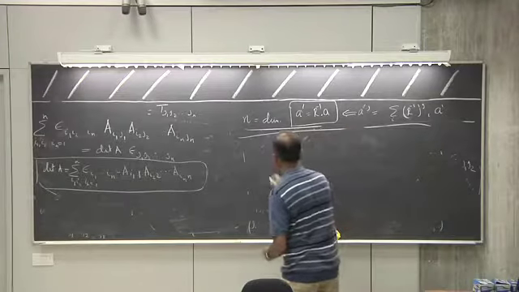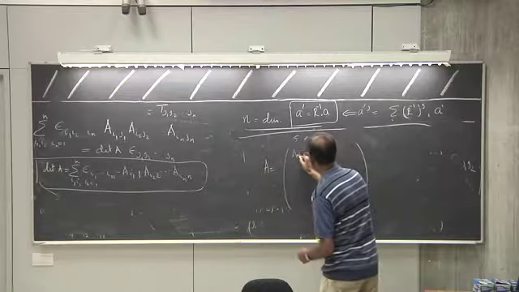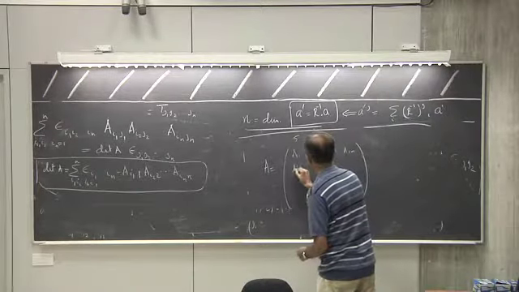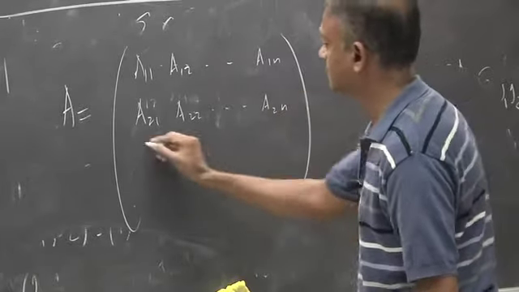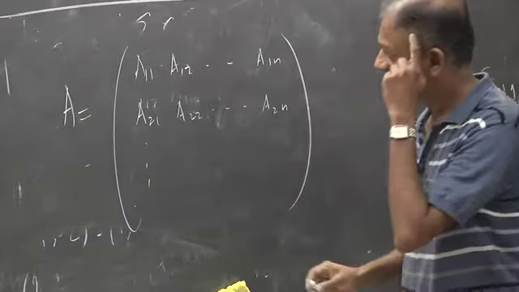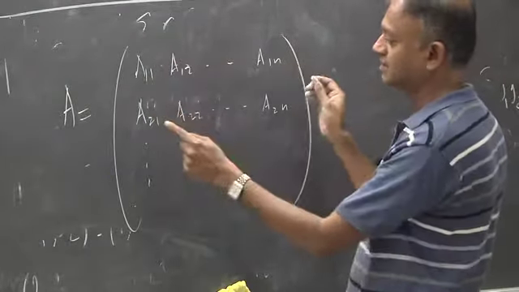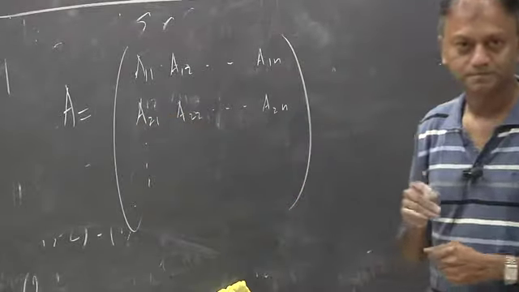Suppose I take a matrix A of the following form: A11, A12, ..., A1n, A21, A22, ..., A2n, etc. But suppose that this row was proportional to this row.